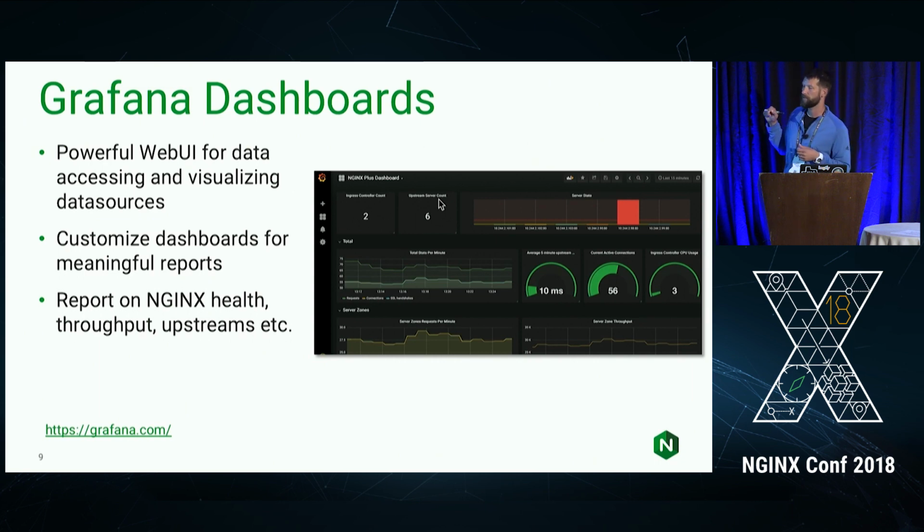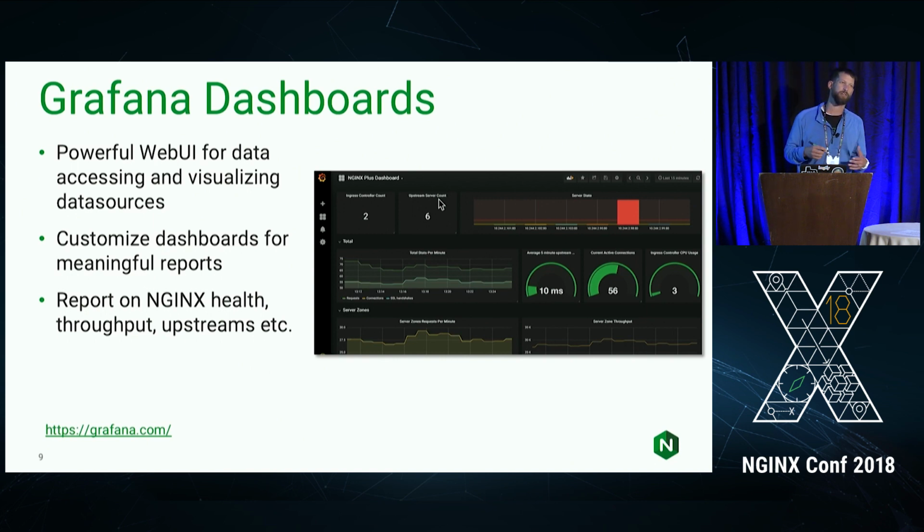You use Grafana to query those different Prometheus data points that you have. It helps you report on the NGINX health, throughput, and so on and so forth. So you can actually drill into each of these a little bit.